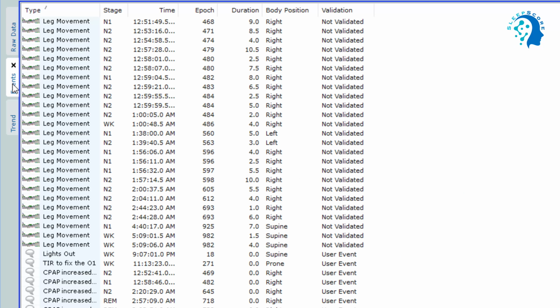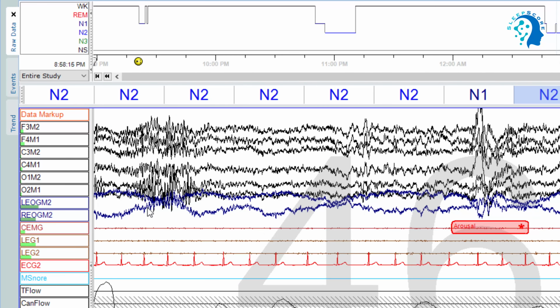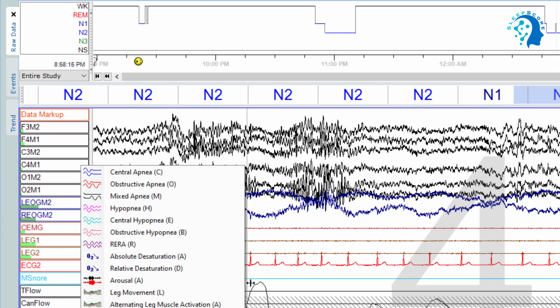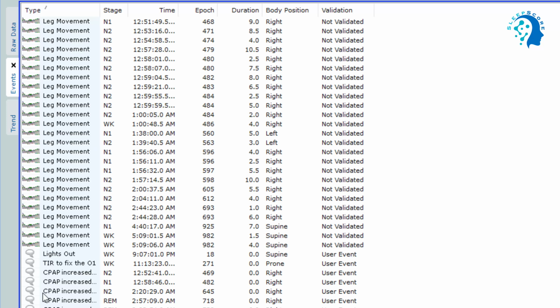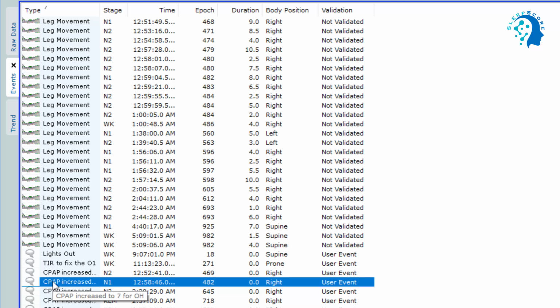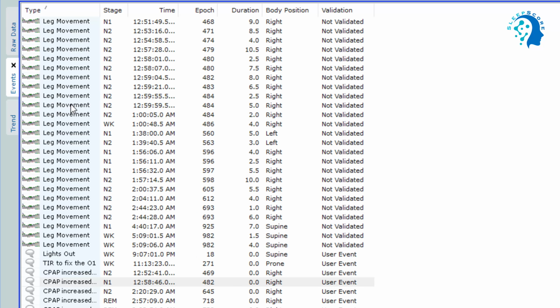If I come back to this one and I see the technician says CPAP increase, if I double click this one, it takes me to that channel or epoch where the technician increased the signal, to CPAP increase to 7. So everything you write down comes over here, the event tab.